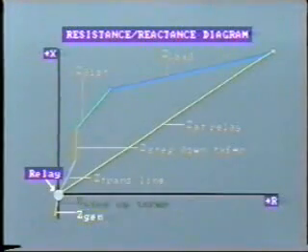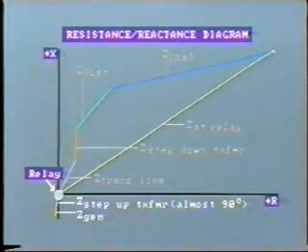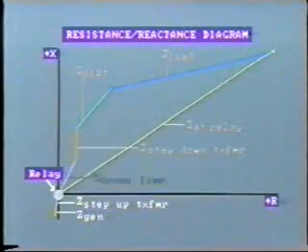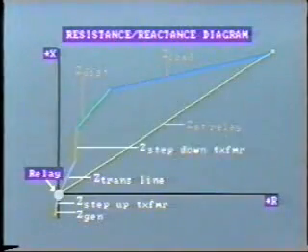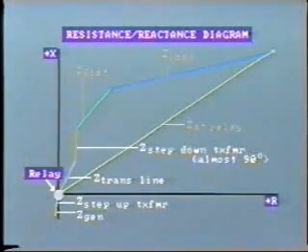Similarly, the step-up transformer impedance is composed almost entirely of reactance, and is therefore close to 90 degrees. The impedance of the transmission line is plotted here at about 60 degrees. The impedance of the step-down transformer is shown at almost 90 degrees.